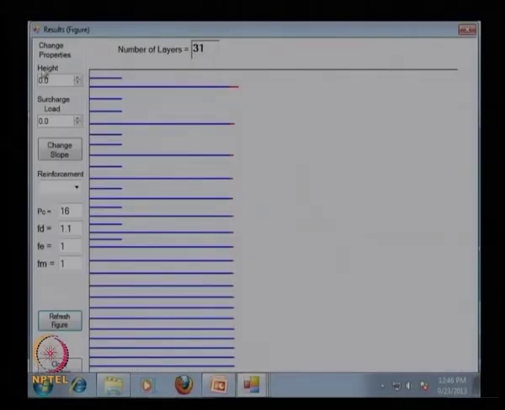You can see this is 90 degrees. So this is the number of layers of reinforcement, this is the embankment length, and the total reinforcement length is about 31.